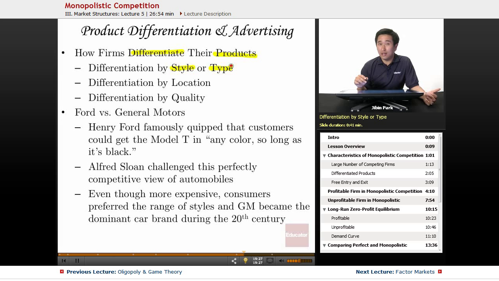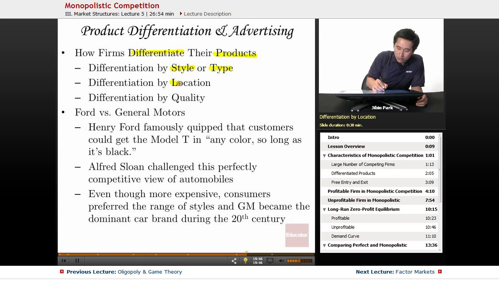So the way that they differentiated themselves was by style and type. And so airlines would try to get their customers to fly on their airlines by making their product better than other products.